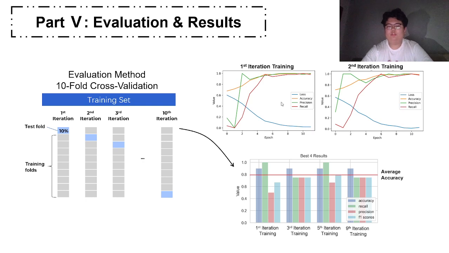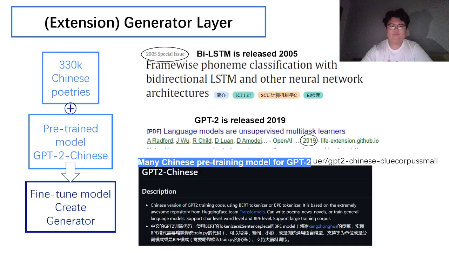In addition to the sentiment model, we also wanted to create a poetry generator. Next, it's up to me to introduce the generator part. We use a different model from the previous layer, GPT-2, because BiLSTM is a very old model, and GPT-2 is based on the transformer.